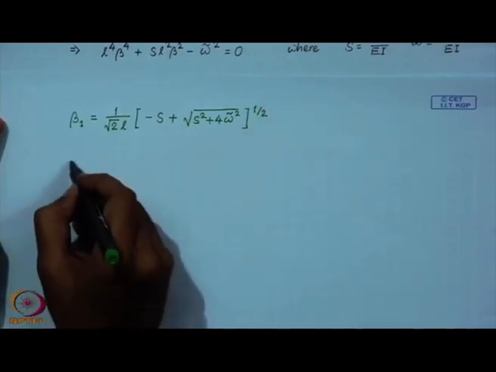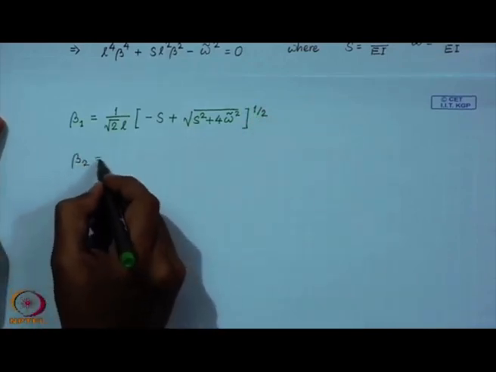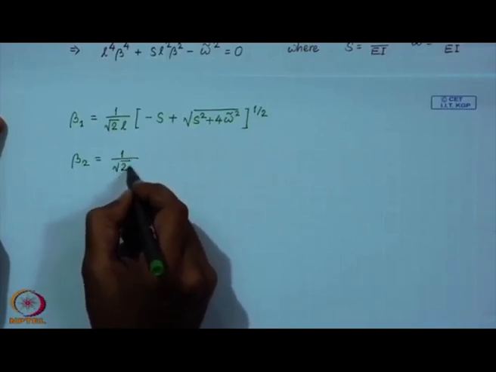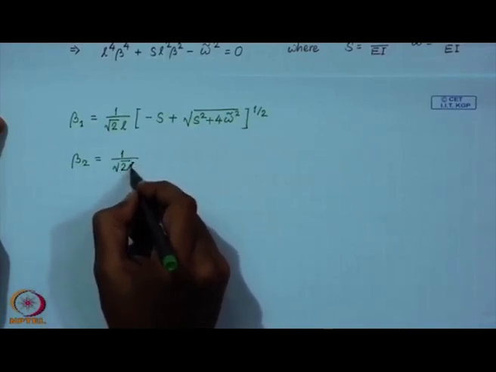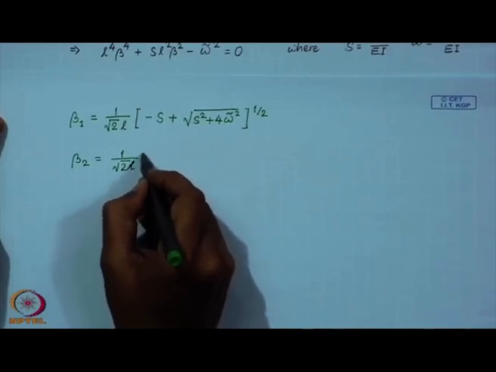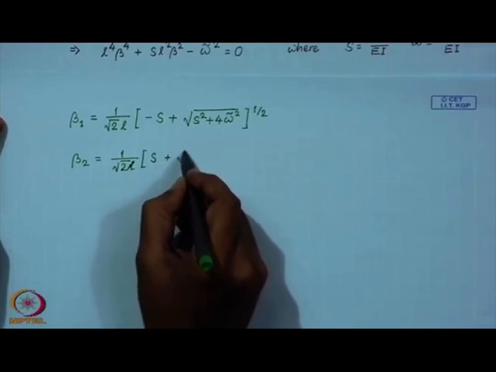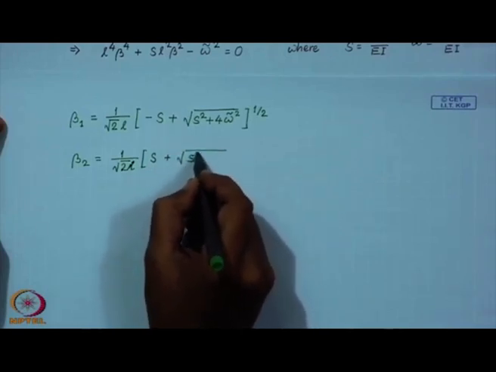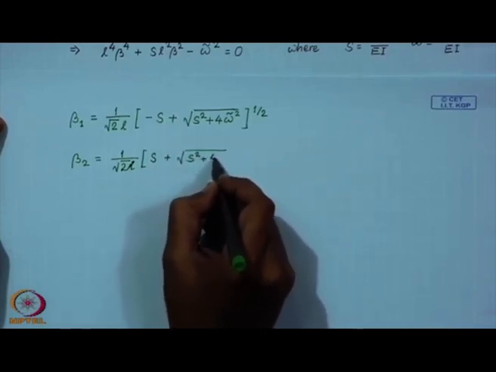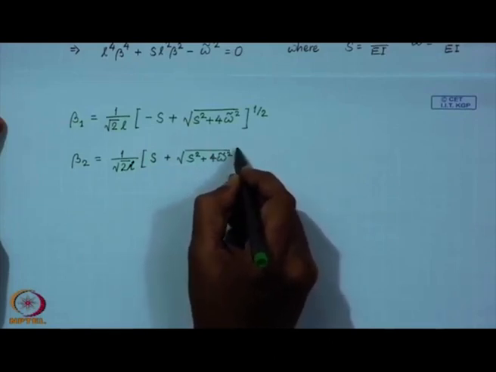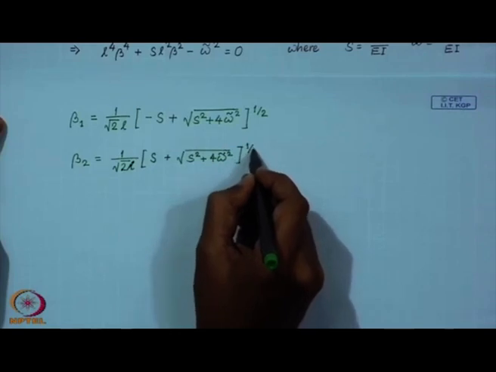So, this is one solution of beta. The second solution reads as follows.